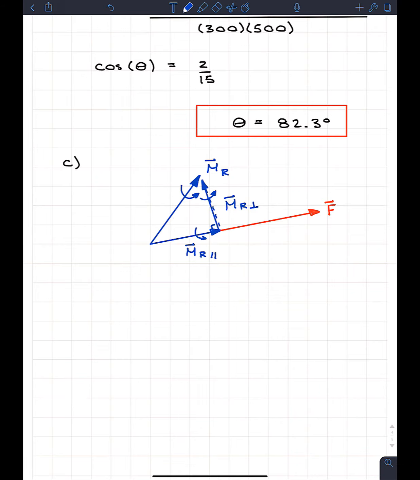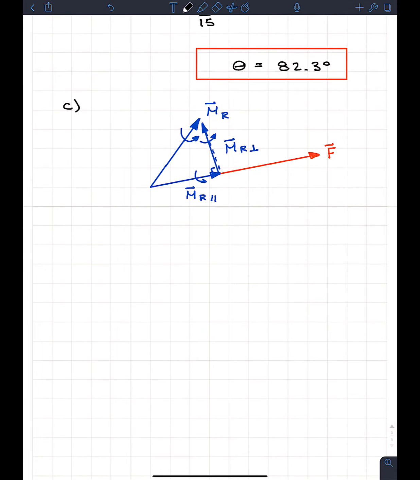And it's very, very easy to do because we can use the dot product again. So what will happen is the magnitude, and this is very important, the magnitude, not the vector itself, but the magnitude of MR parallel is going to be equal to our moment vector, so MR, and then we're going to dot it with the direction that we want. And this is why I said in the question, they have to give us the direction.